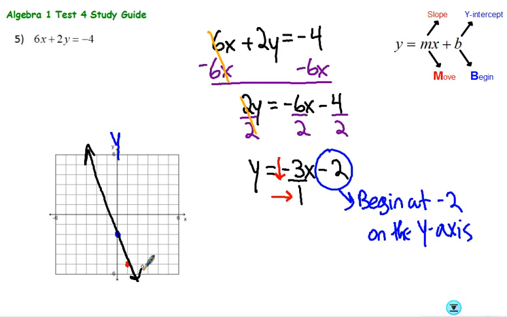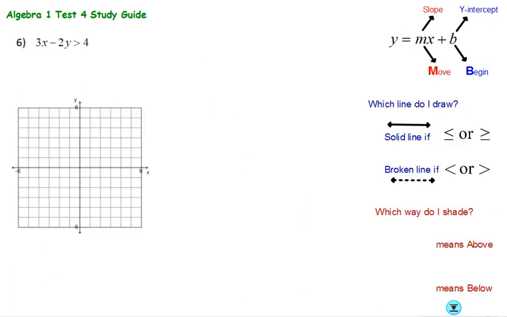All right, so now we do need to look at one that's in standard form. Take a look at number 6. What if there's an inequality in standard form, meaning we have the x and y on the same side? Well, we need to get it back into slope-intercept form. So let's start with 3x minus 2y greater than 4. We're trying to get y by itself.